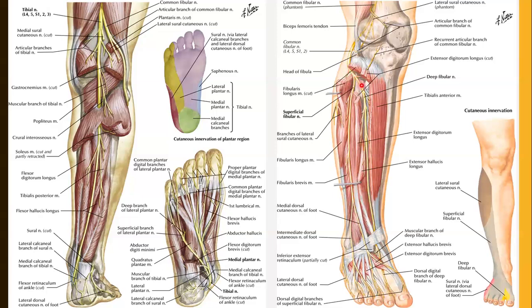The deep peroneal nerve, on the other hand, enters the anterior compartment of the leg, supplying the four dorsiflexor muscles, running with the anterior tibial vessels, and also enters the dorsum of the foot. In terms of its sensory distribution, the deep peroneal nerve will mainly supply the skin of the first web space there on the dorsal aspect.